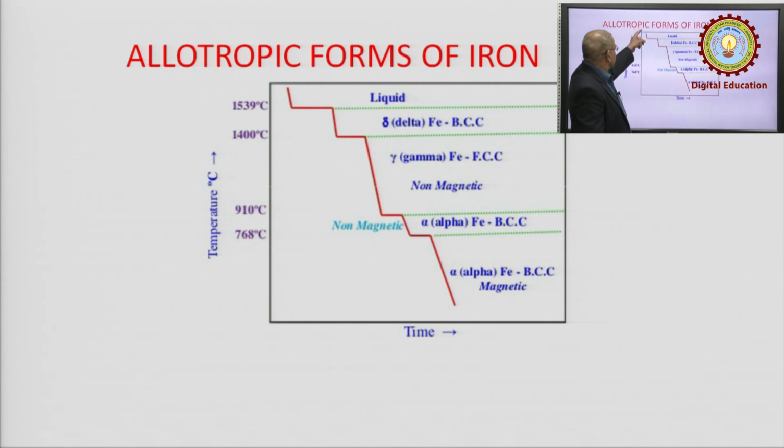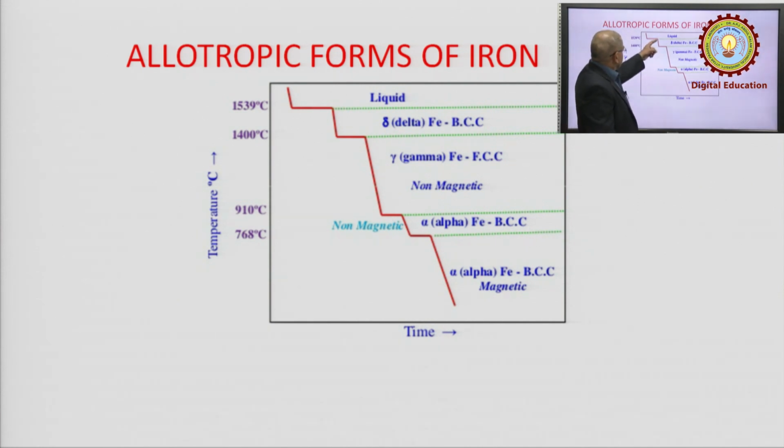When we are cooling it from the higher temperature and it reaches 1539 degrees centigrade, a rest point occurs whereby the latent heat is dissipated and there is no temperature decrease even though time continues increasing. This portion indicates the material in liquid phase is losing its latent heat.